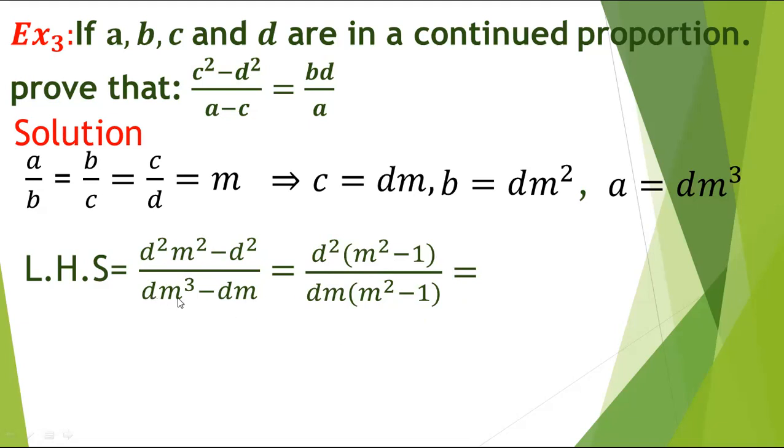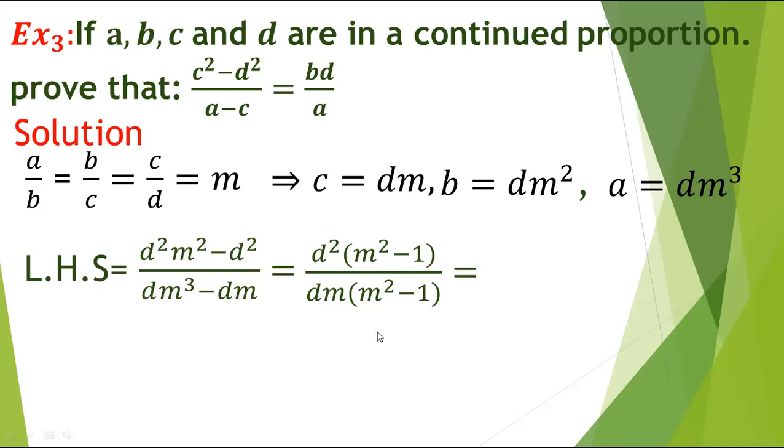By the same, we have here Dm, Dm, D and D, M power 3, and M takes the lowest power. Then the highest common factor is Dm, Dm power 3 divided by Dm, cancel D with D, M power 3 divided by M equals M power 2. When we divide, subtract the power. Minus Dm divided by Dm equals 1.